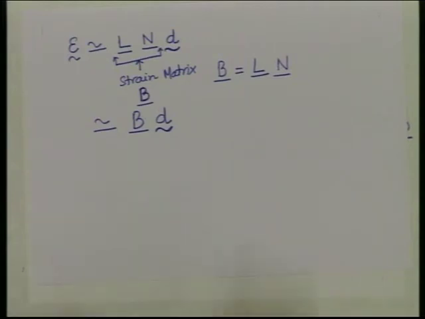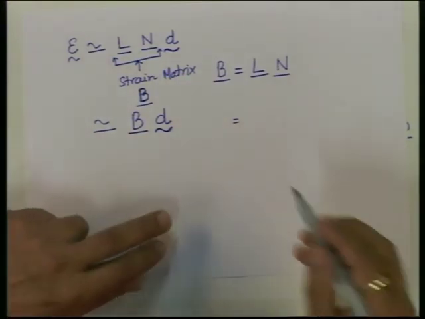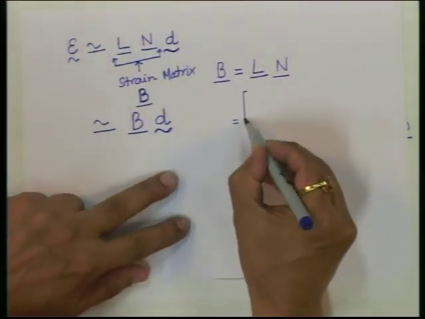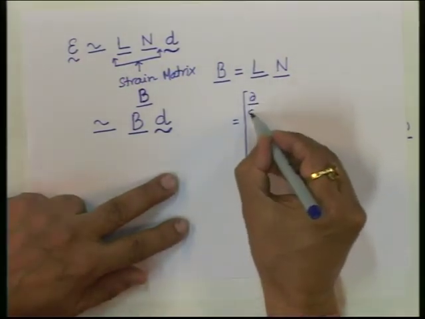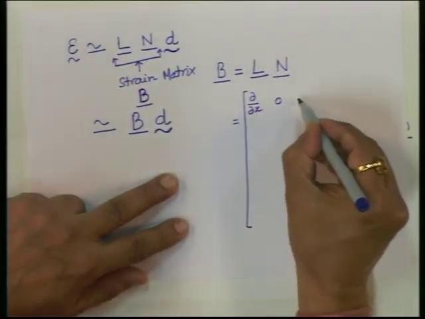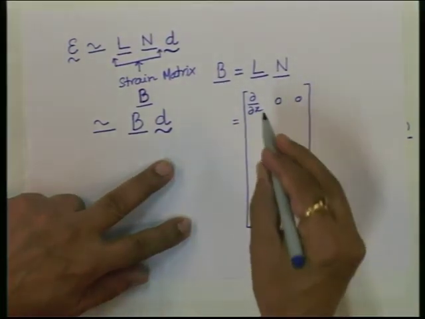What is the B matrix? What is L? L matrix is 6 by 3: del by del x, 0, 0, and N is a big matrix.